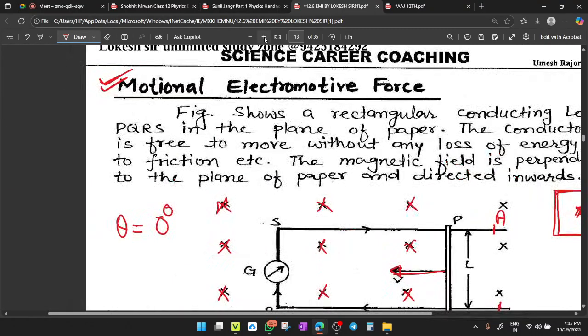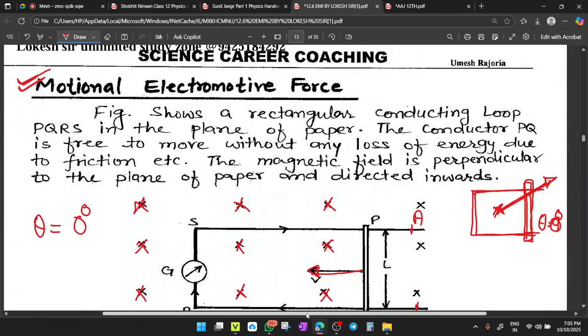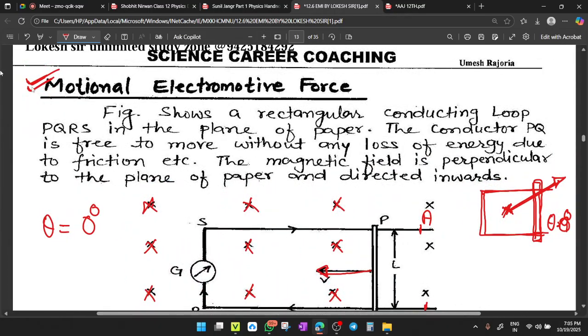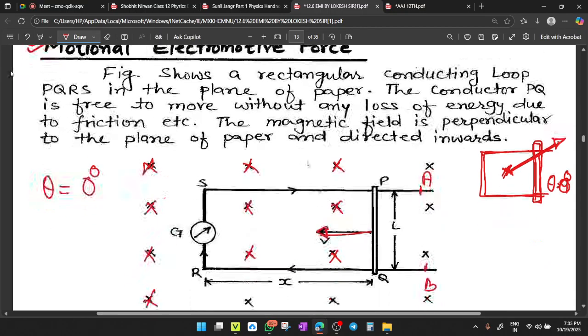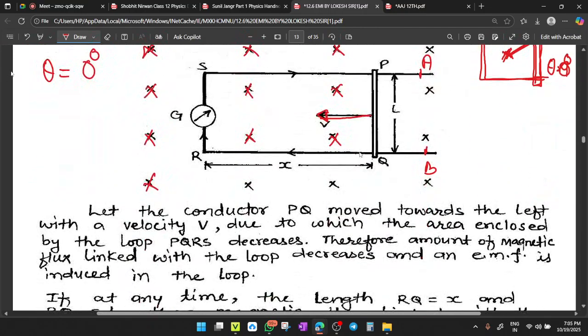The magnetic field is perpendicular to the plane of the paper and directed inward. Let the conductor PQ move towards the left with a velocity v. Now tell me, when you slide this conductor towards this side, is there a change in the area of the loop?